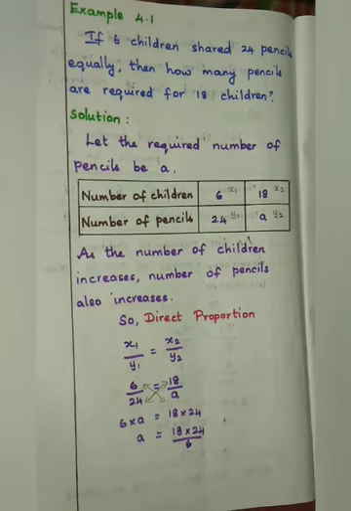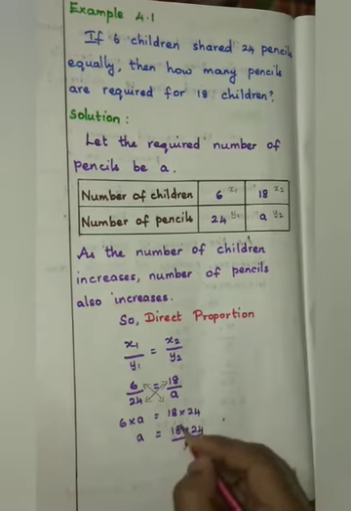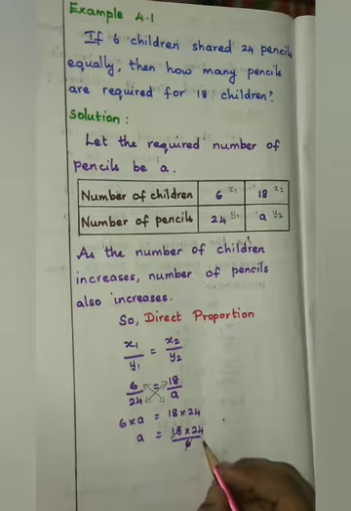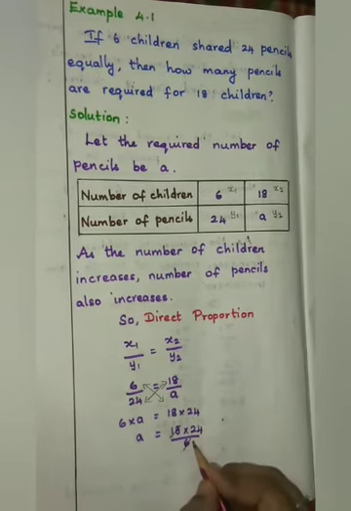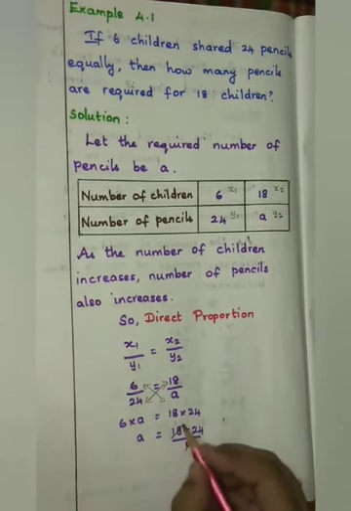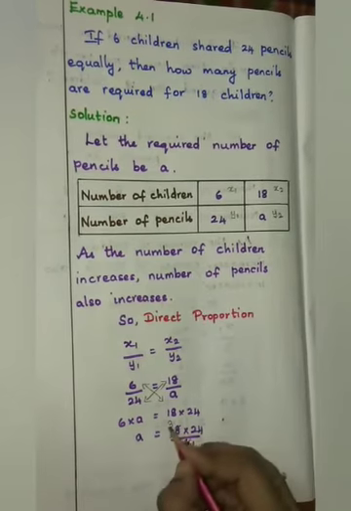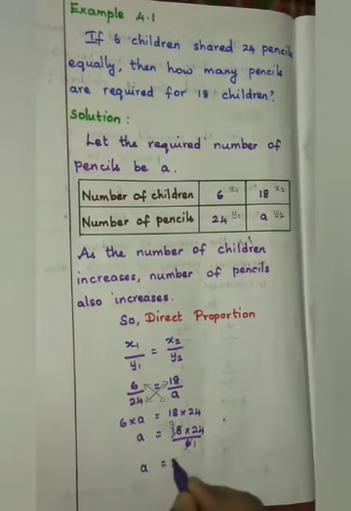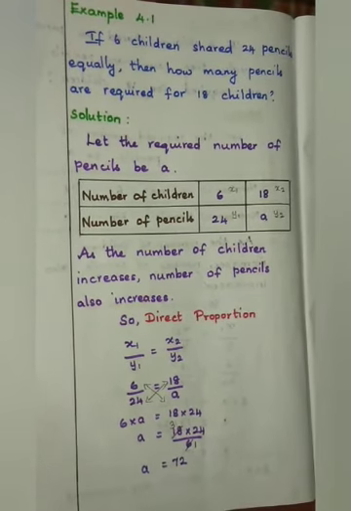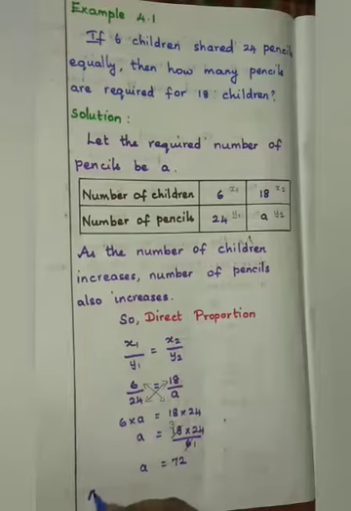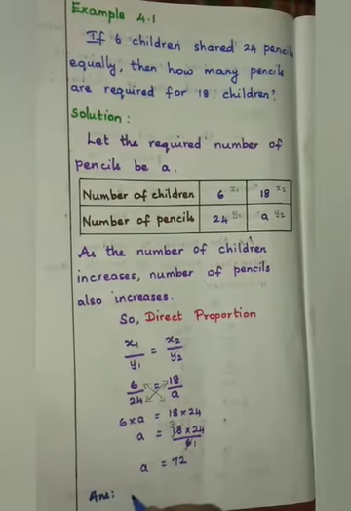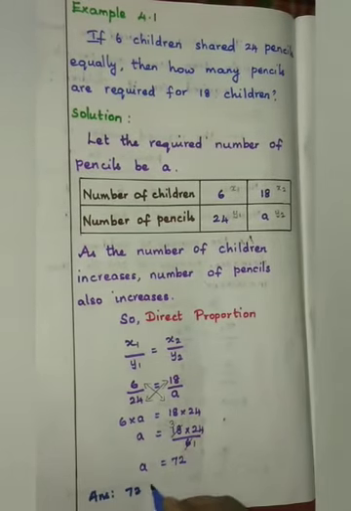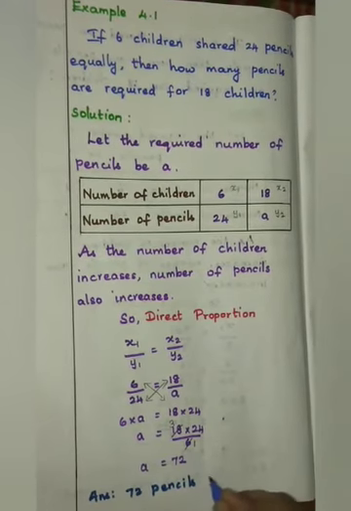Now we are going to cancel 6 and 18 using the 6 table. So 6 ones are 6 and 6 threes are 18. Now multiply 3 and 24, we get 72. So the value of A is 72. Answer: 72 pencils are required.